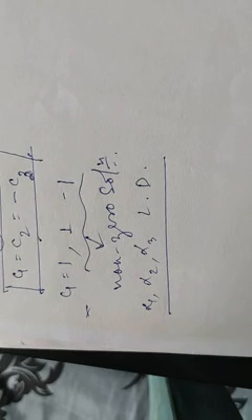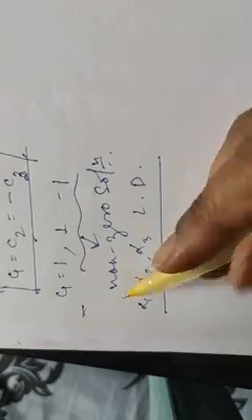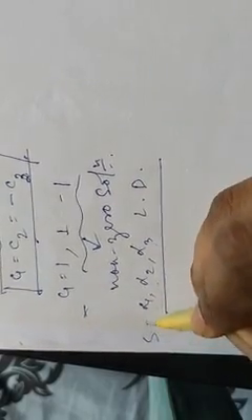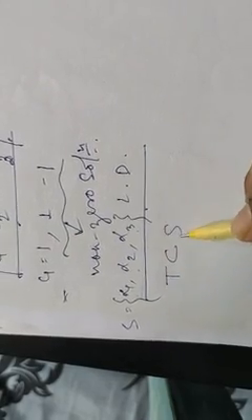Now we need to apply the deletion theorem. What does it state? It states that a proper suitable subset of S can also generate the vector space. Here S is alpha 1, alpha 2, alpha 3. This is our S. That means we need to find a subset of it.